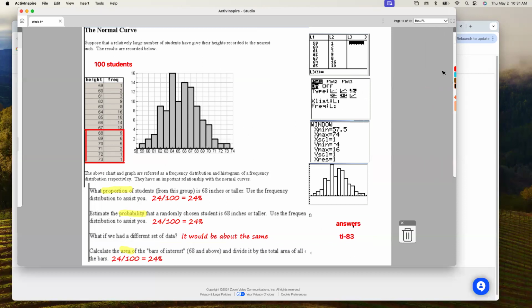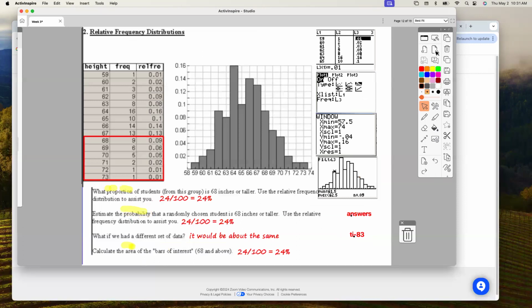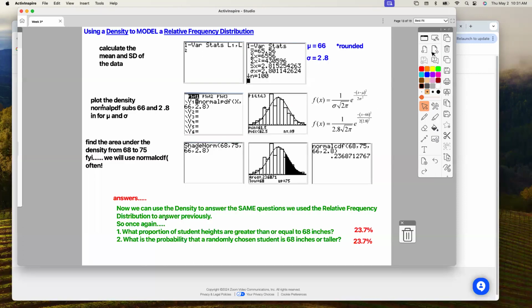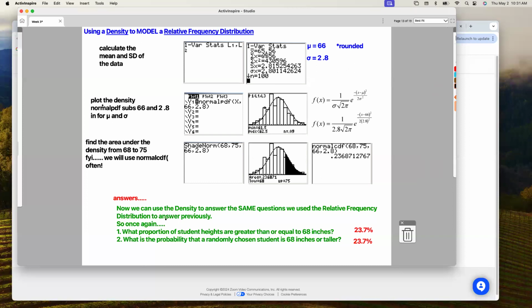I forgot to include that slide, sorry about that, but here it is right here. The mean is about 65.56, so we rounded to 66, and the standard deviation is about 2.815, so we rounded to 2.8.